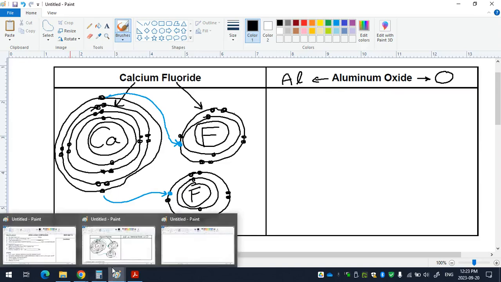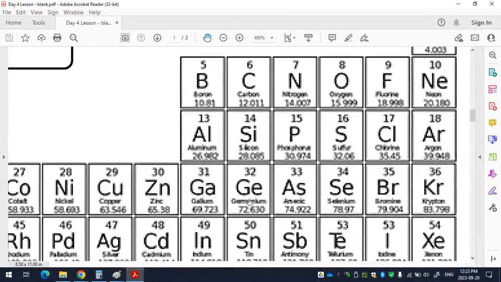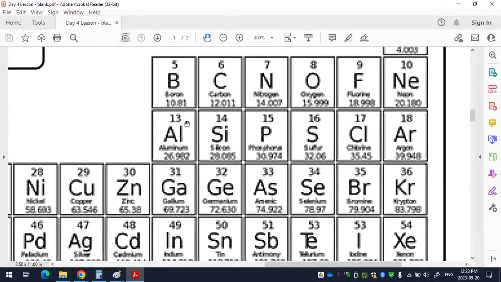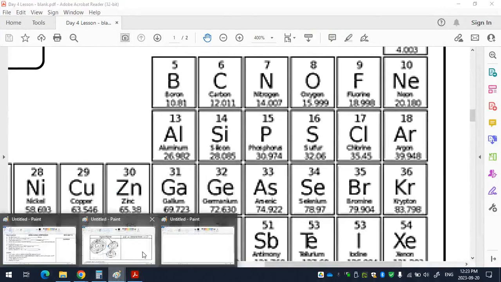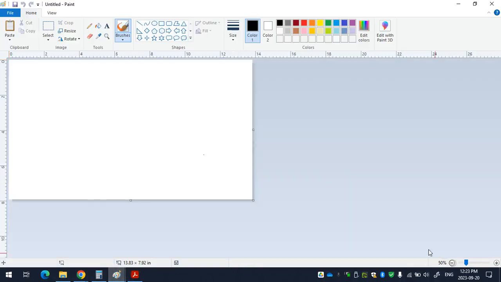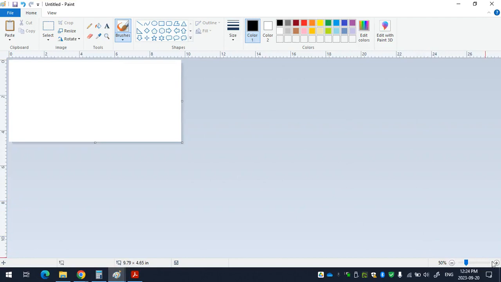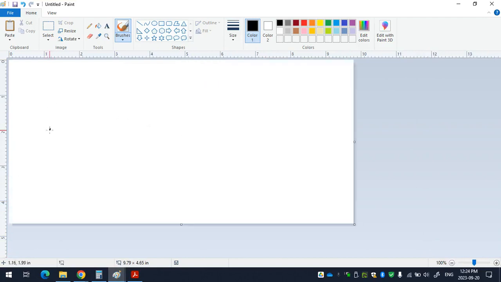Aluminum and oxygen. Okay. Let's sketch. Again, don't sketch anything. This will take a little bit. What's the number for aluminum? 13. Okay. So I'm going to sketch Al, and here's my nucleus for Al. Let's do one circle.